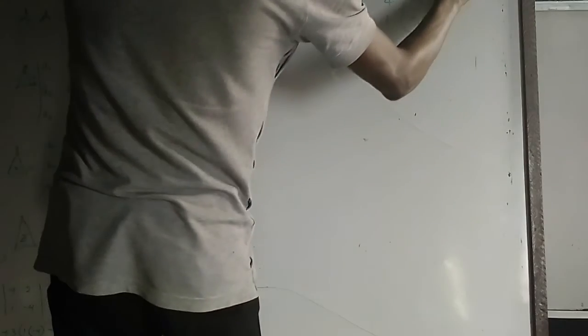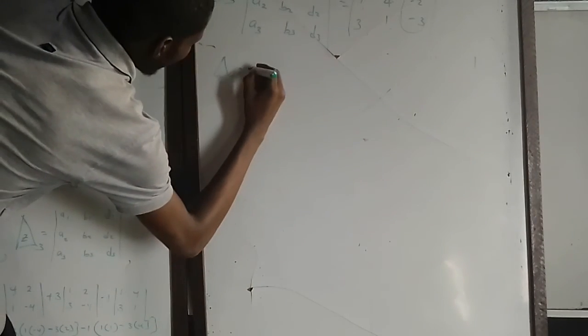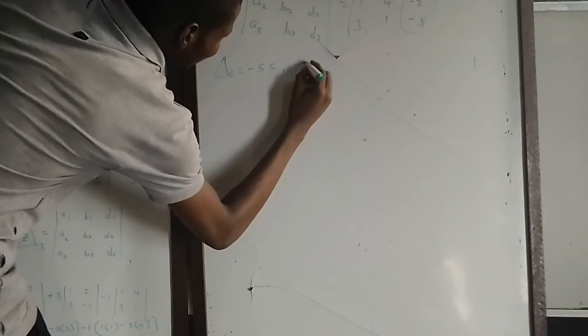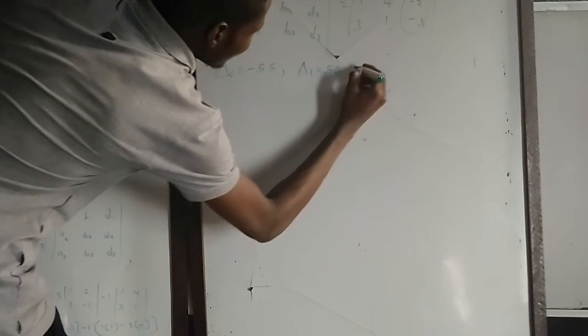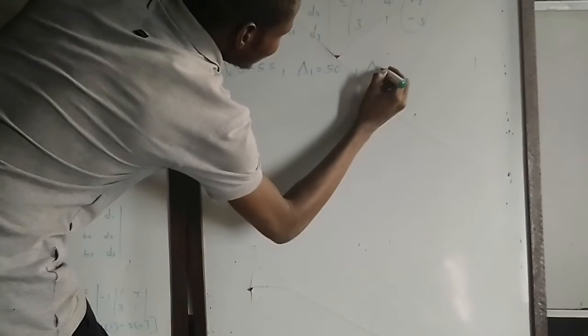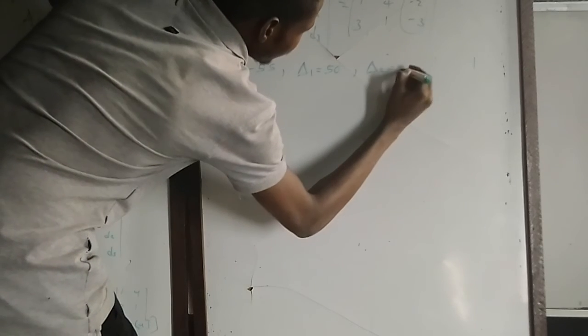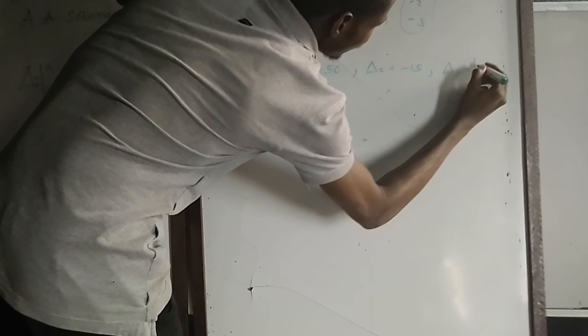Our D0 is minus 55, while our D1 is 50, while our D2 is minus 15, while our D3 is what? 0.